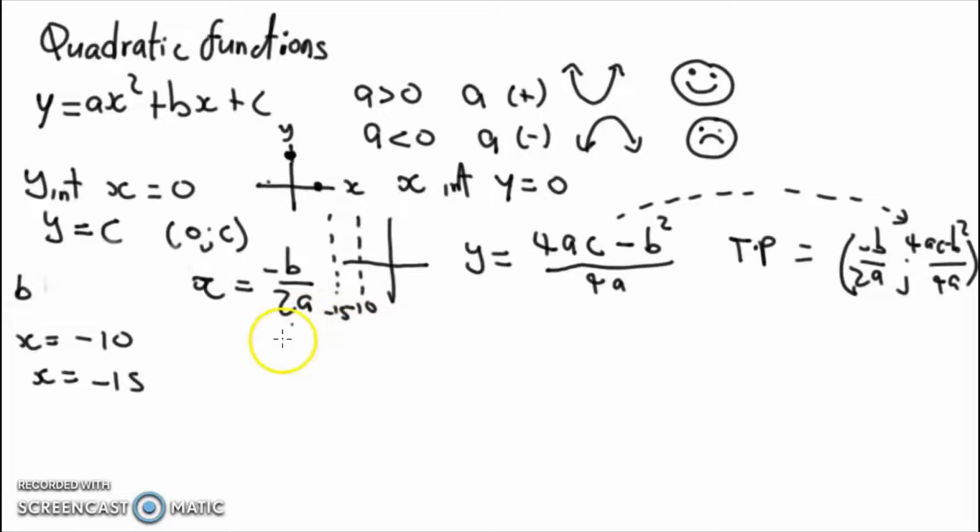Okay, now another thing that we have to observe here, because there's a lot that you need to know, is what happens when a increases or what happens when a decreases. So suppose, for example, we were given this function.